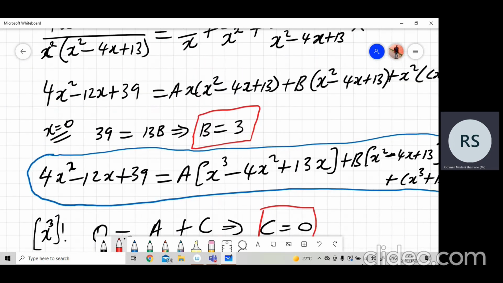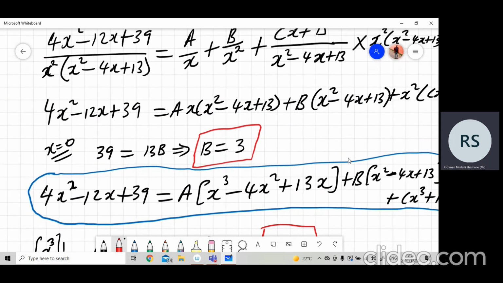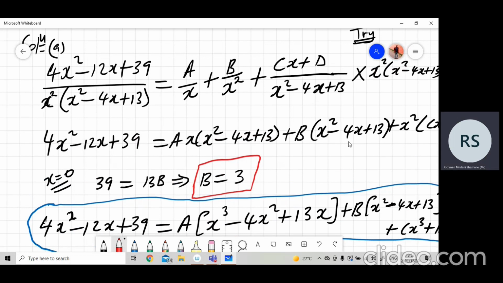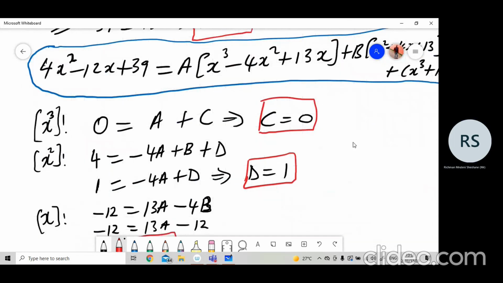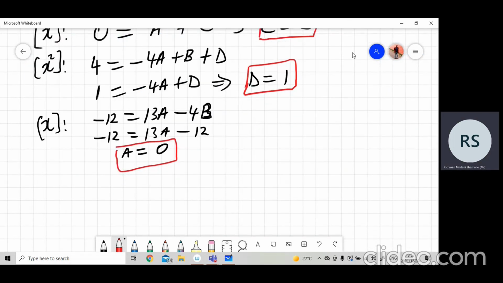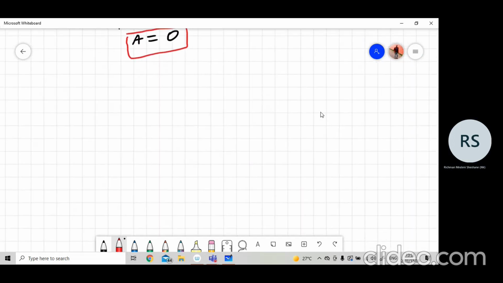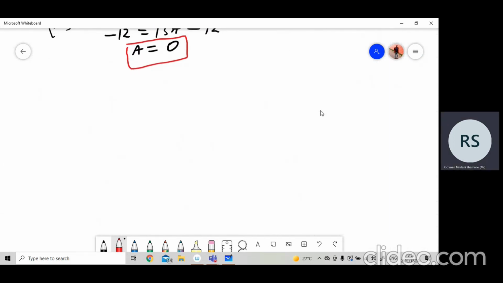So here, let me rewrite this expression and substitute these values of the constants.